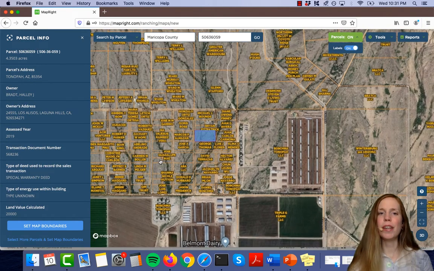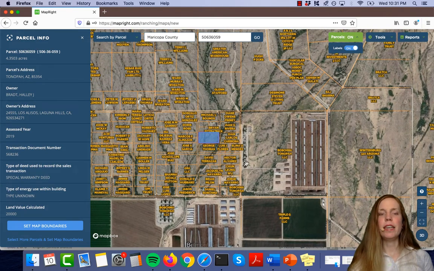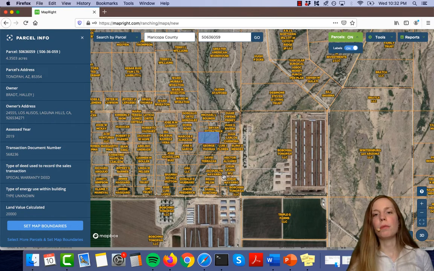And on top of that, you can see the names of all of the owners in the surrounding area. So you can also do things like take a quick scan, see if one owner owns multiple parcels, if you are looking to buy a couple parcels at once.